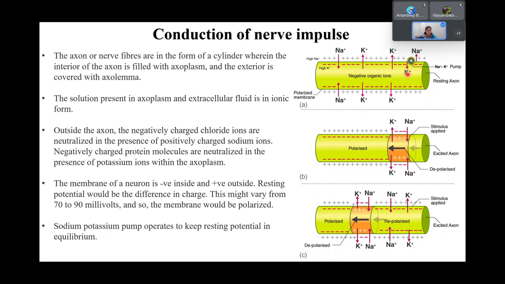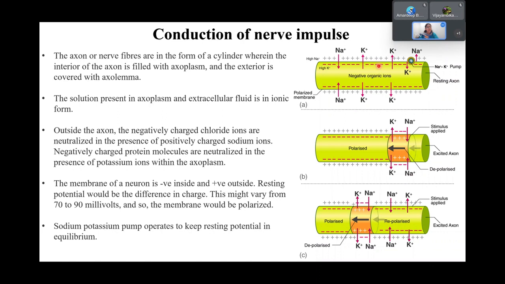Now this membrane is, however, a little bit leaky. The movement of sodium and potassium across the membrane is based on the permeability of the cell membrane, and it is relatively more permeable to potassium ions, because of which even at this stage some of the potassium keeps going outside. Because of this, at resting potential you have a negative potential inside.